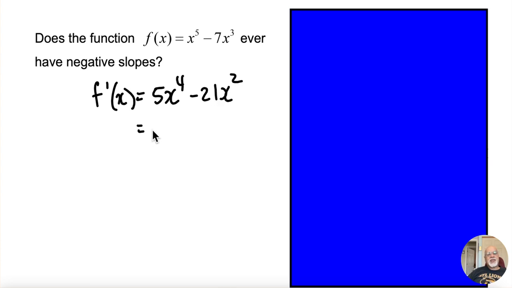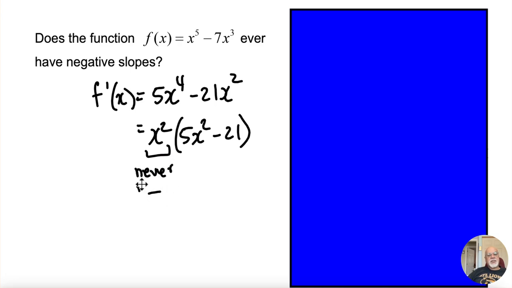Well, I can factor an x squared out and see what happens. We end up getting 5x squared minus 21. And looking at this expression in terms of will it ever be negative? Well, this will certainly never be negative. This is never negative because it's something squared. But this could be negative. You know, if I put x equal to 0, for example, I get a negative quantity.